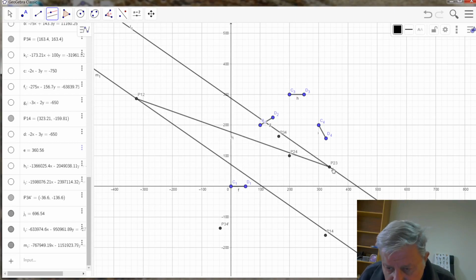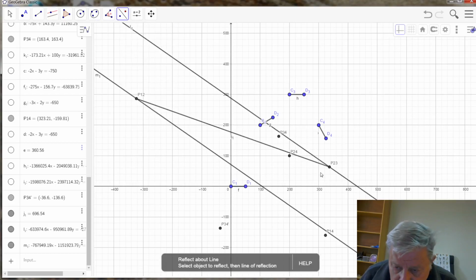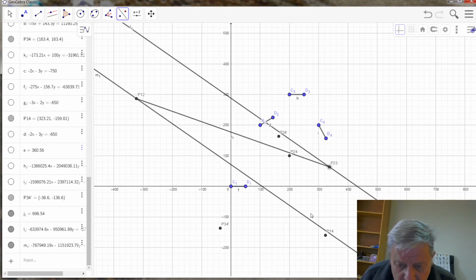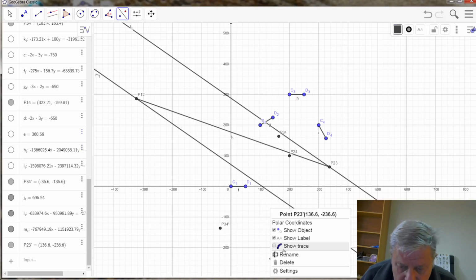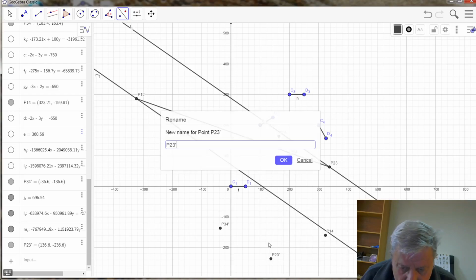Now, this is side 3. This is side 2. P12, P23 is side 2. P12, P13 is side 1. I have to take the image of P23 with respect to side 1. That will give me P231.